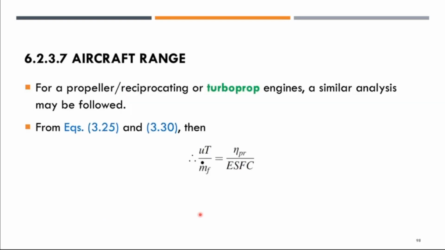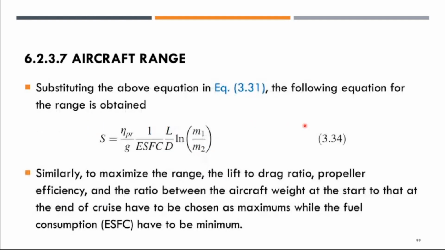For a propeller or reciprocating turboprop engine, a similar analysis may be followed. You can go through it, but this is the simplified version to find the range. Substituting in equation 3.31, you can get a range for the turboprop aircraft as 3.34.